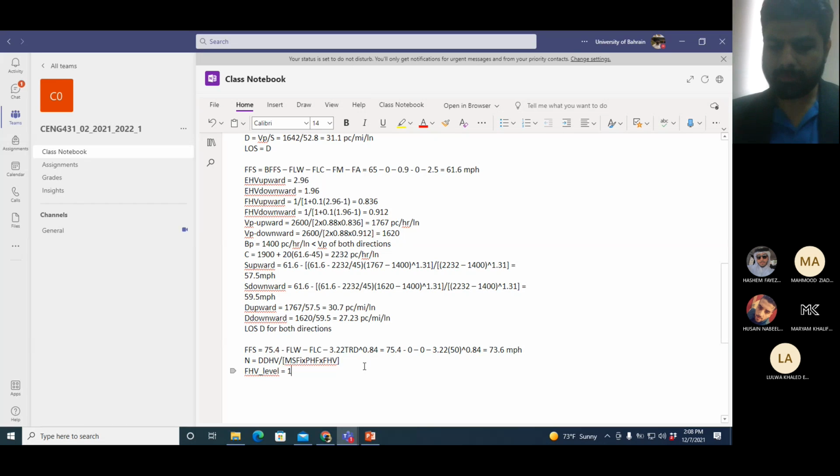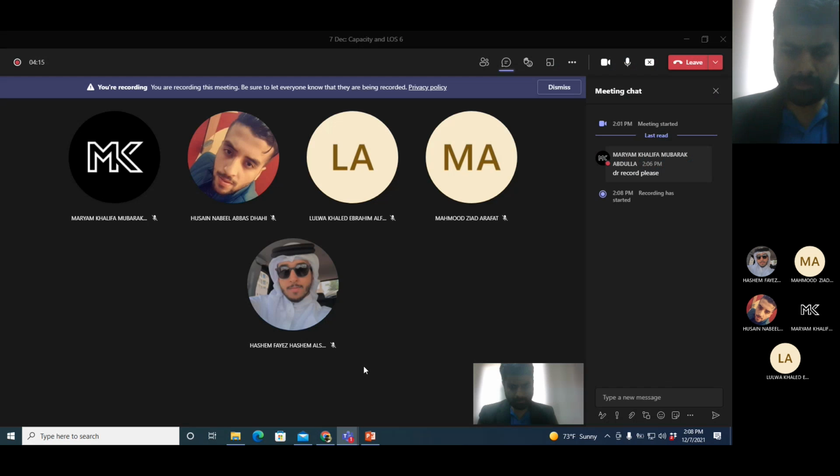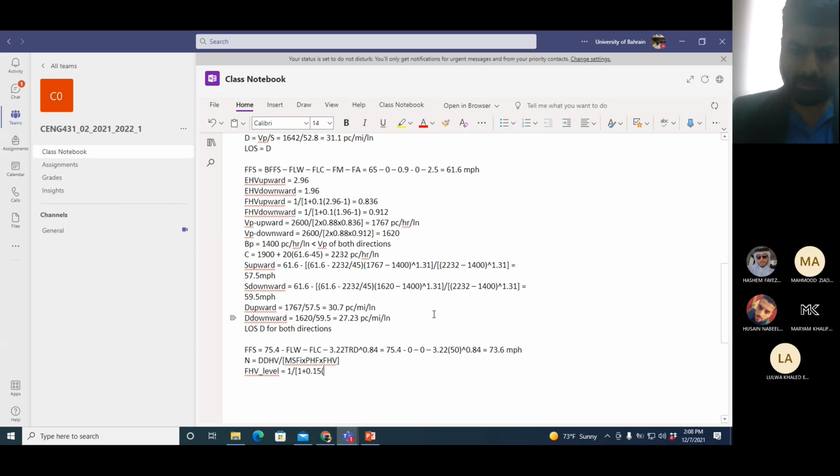FHV for level, we know the equation for FHV, we have used it. The percentage of trucks, 15%. Now, equivalency factor for level terrain is 2. Okay, just believe me because I remember the value.